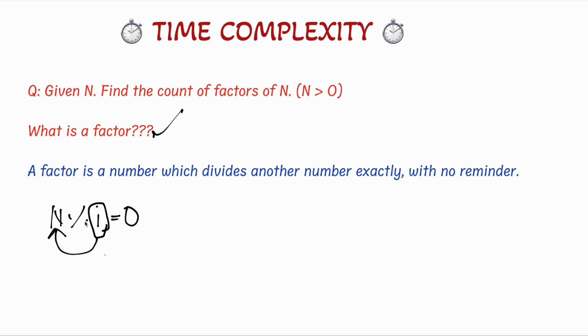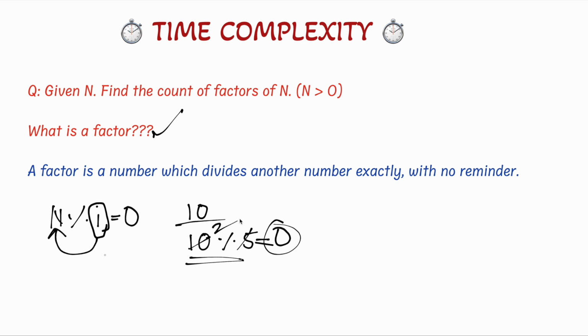For example, let's take 10 modulo 5. What's the remainder that we get when we divide 10 by 5? It is 0. 5 twos are 10 and we get the remainder 0.